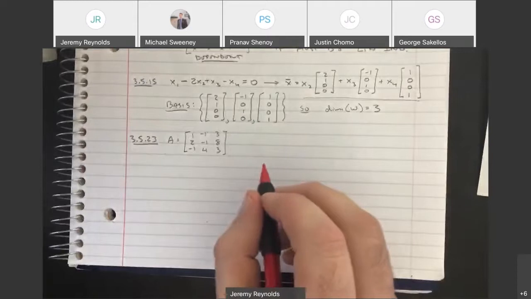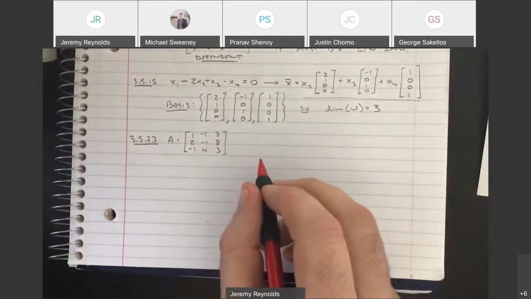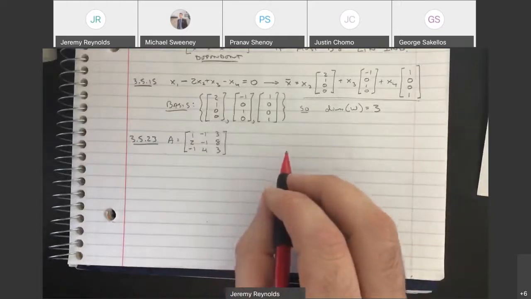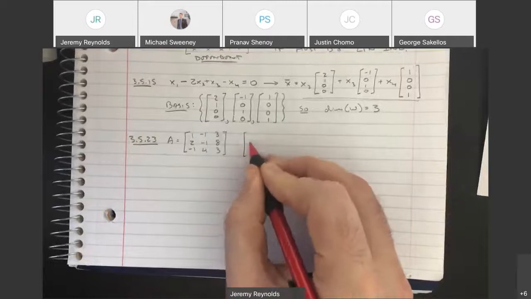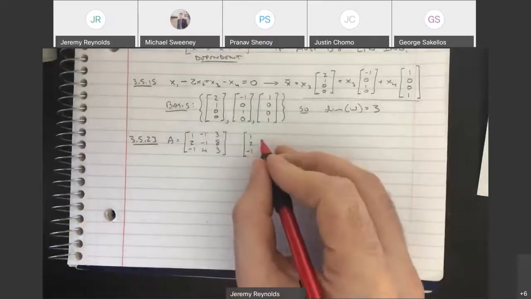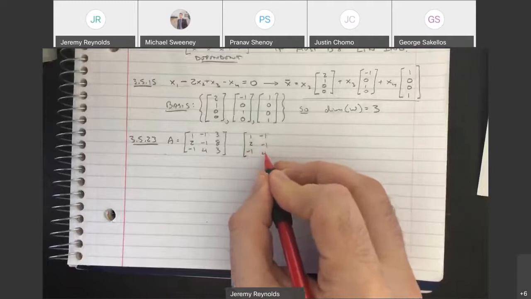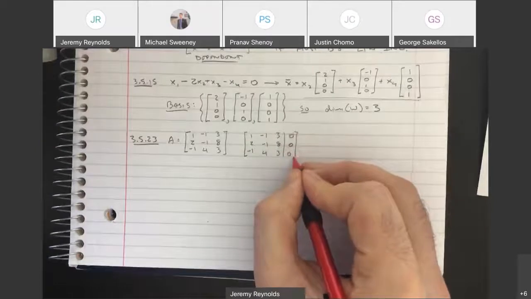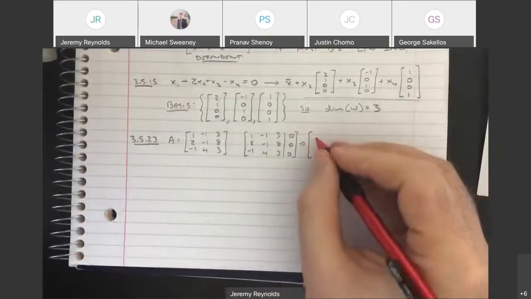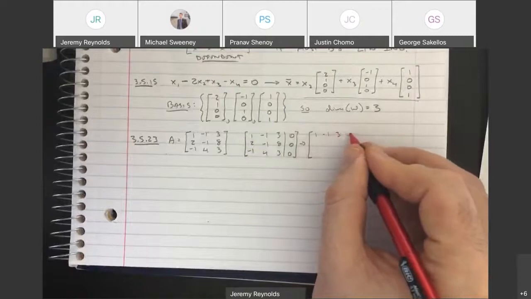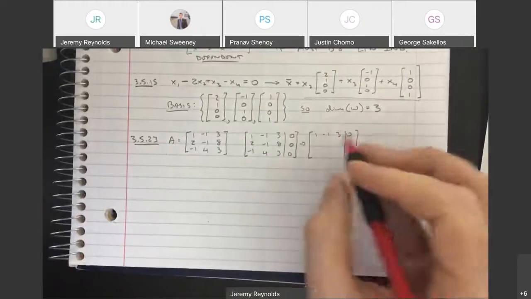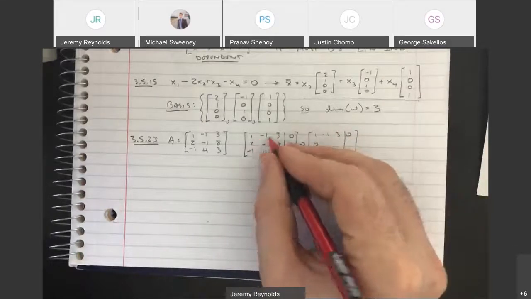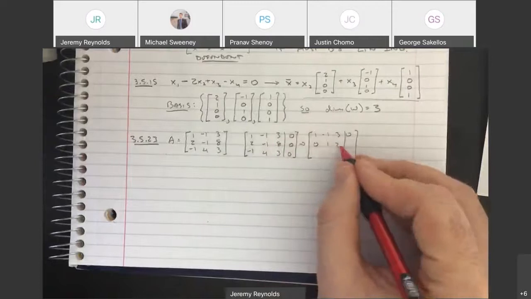So all we have to do is find the null space, and we'll know what the nullity is, and then we can figure out the rank. That's the method we're going to use. So let's look at our matrix, and first make that first column clean. Row 2 minus 2 row 1 gives 0, 1, 2, 0.